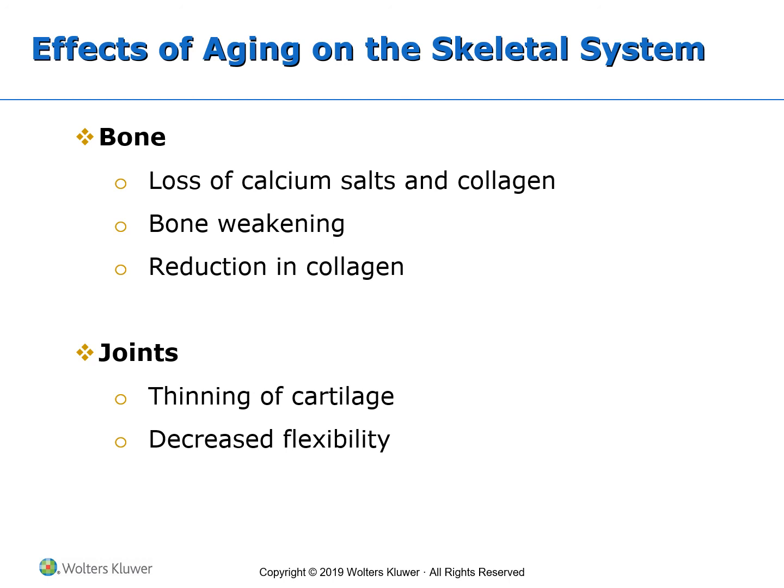We are kind of shrinking. At the level of the joints, the cartilage that covers the epiphysis will become thinner and thinner with aging, and there will be decreased flexibility at the level of the joints as a result of aging and overall dehydration of the body.